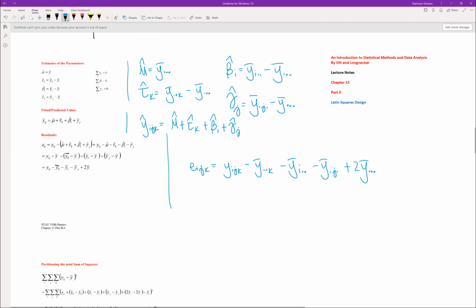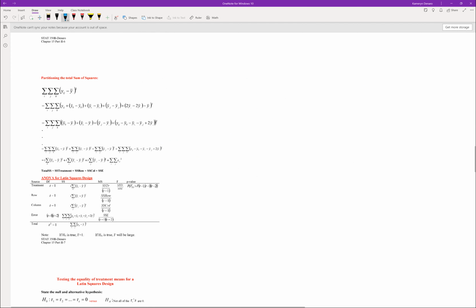From there, we can partition the total sum of squares. And remember, the reason for partitioning the total sum of squares is so that we can set up our ANOVA table. The sources for the ANOVA table are going to be the treatment, the blocking factor for the rows, the blocking factor for the columns, the error, and the total.